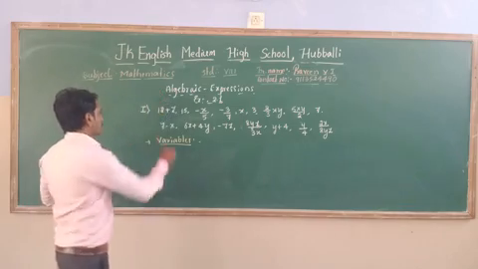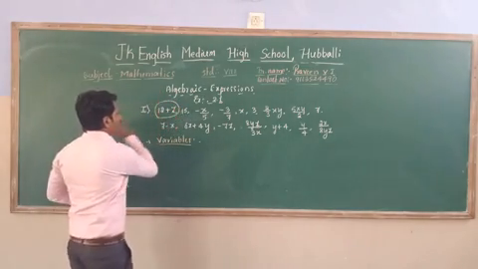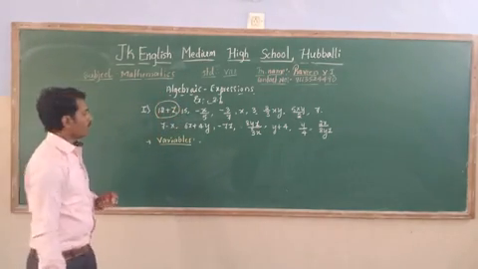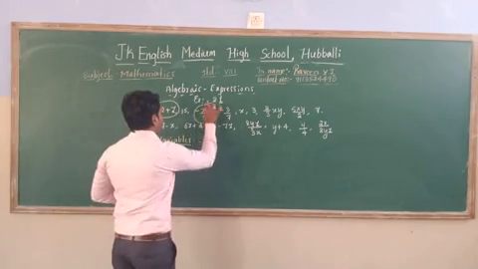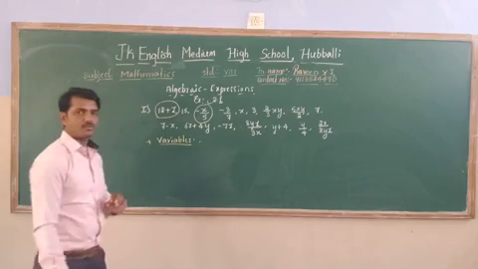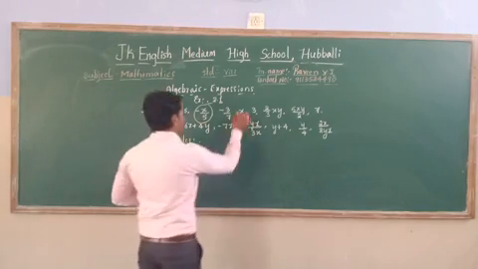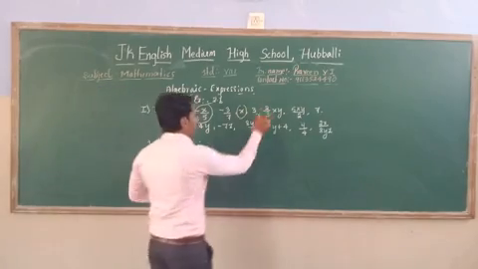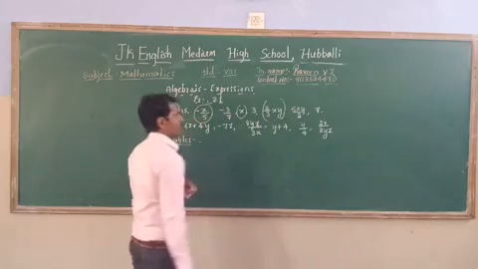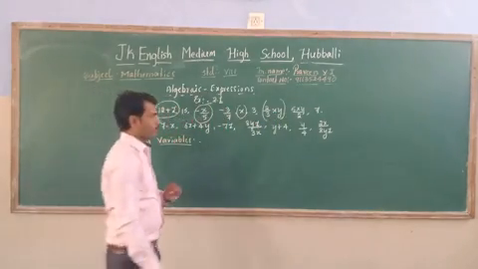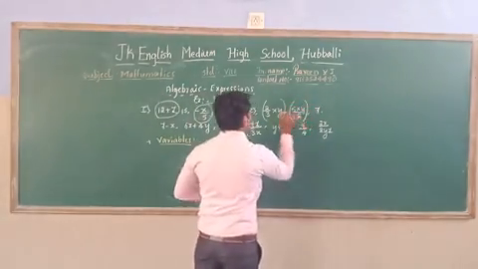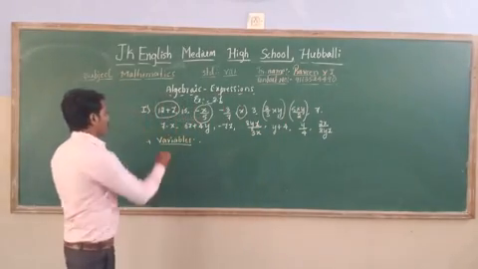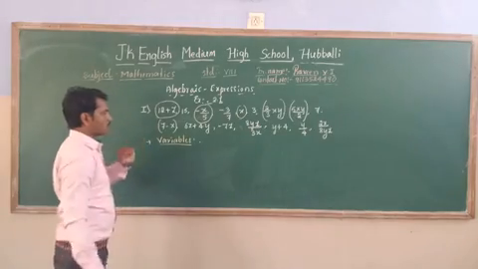So this full term is called a variable. And next, minus x by 5 is also a variable. Next, x is also a variable. And then 2 by 3xy, that is also a variable. 5xy upon 2, that is also one of the variables. 7 minus x is also a variable.